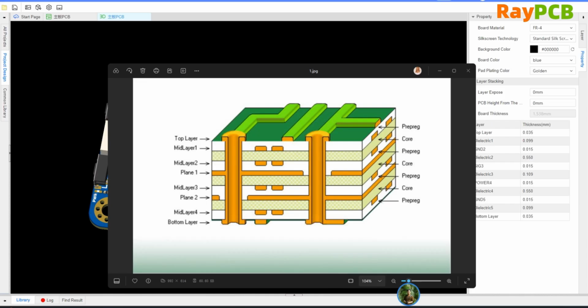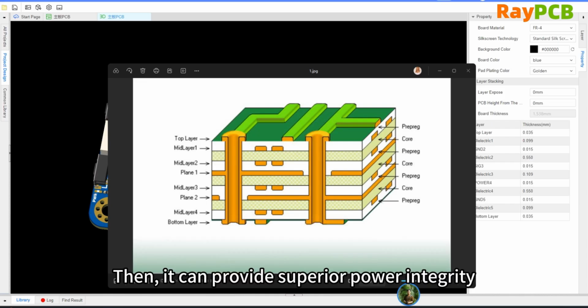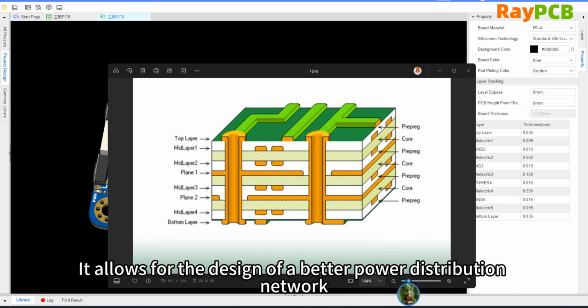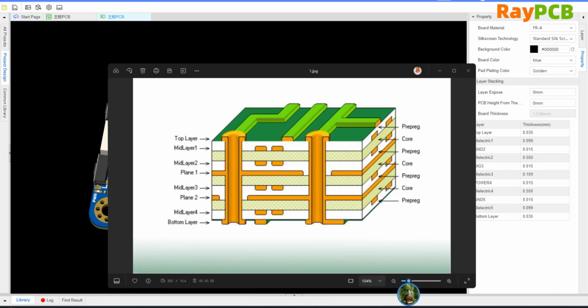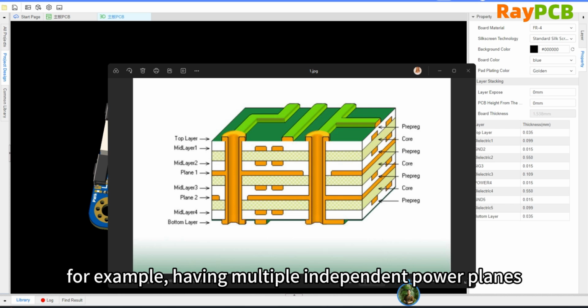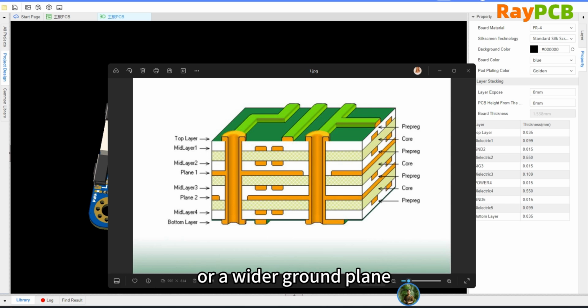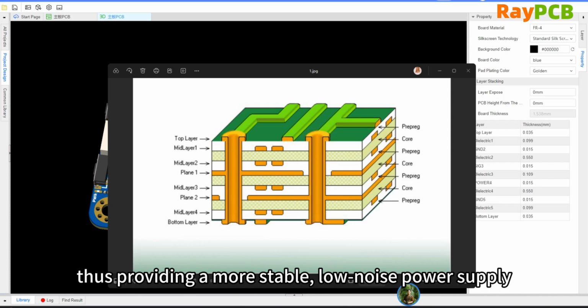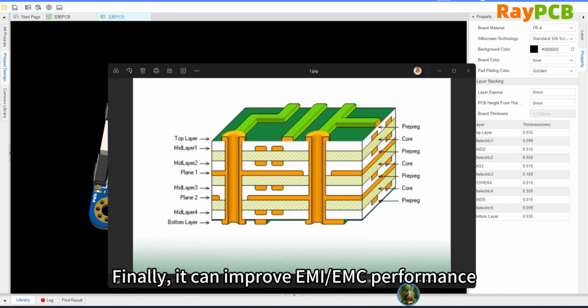This setup can then provide better power integrity, allowing for the design of a superior power distribution network. For example, you can have multiple independent power planes or wider ground planes, which in turn enables more stable planes along the signal paths. Ultimately, this can improve EMI and EMC performance.